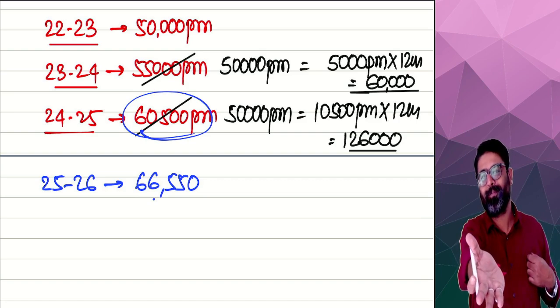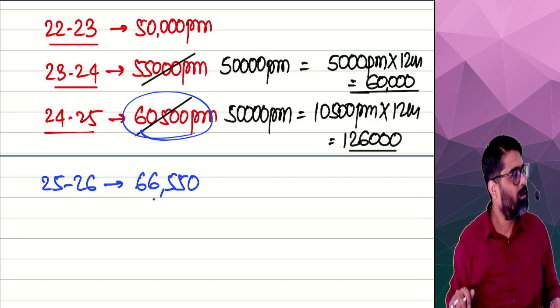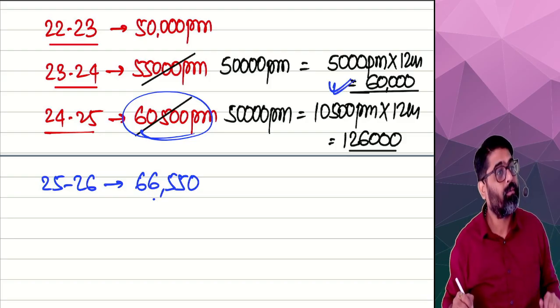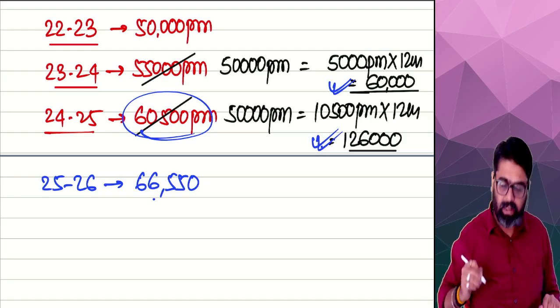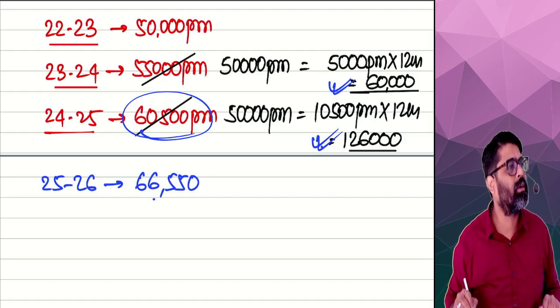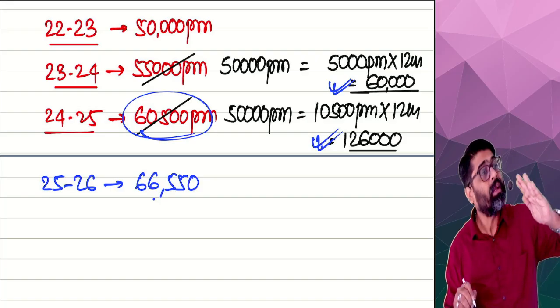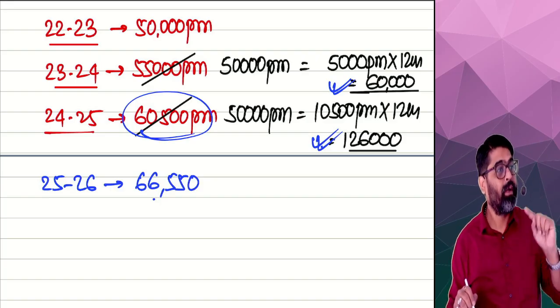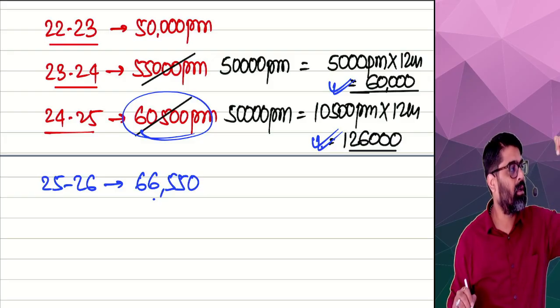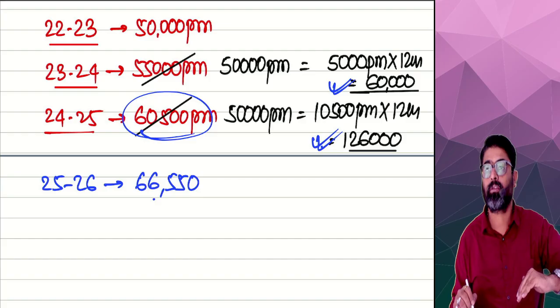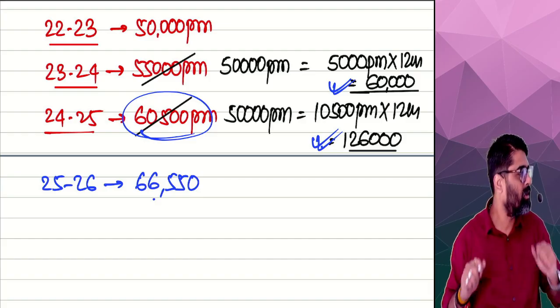Possible or not? So this year how much you got? 60,000 arrears you got, and 1,26,000 arrears also you got in this year. So the arrears of any earlier year you have received in this year. Did you show it taxable in the earlier years on due basis? So definitely you are going to show this amount taxable on receipt basis in this year only.